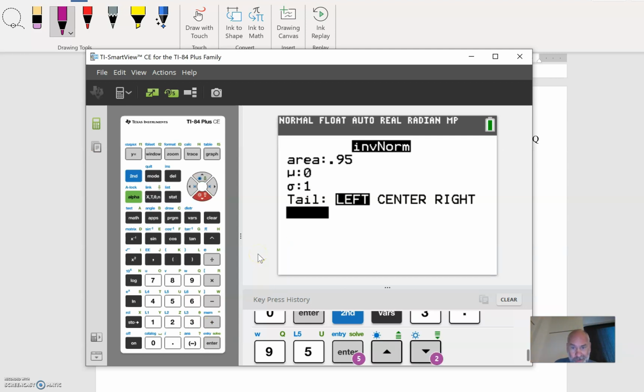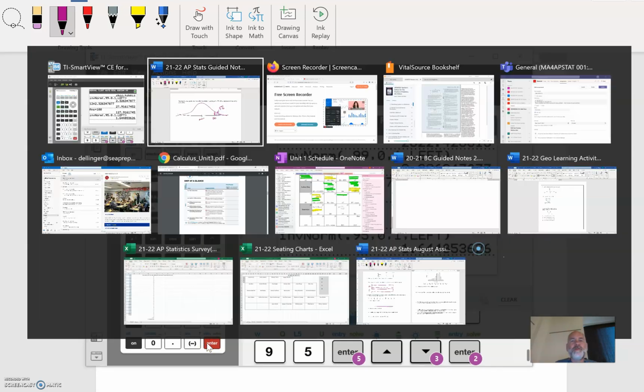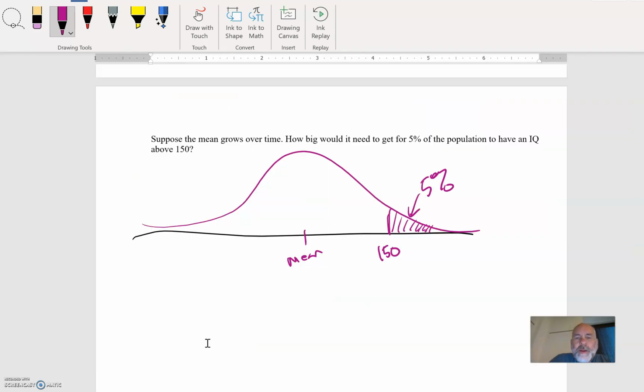And enter. Oh, 1.645. We already knew that no matter what the problem is, the z-score is 1.645.